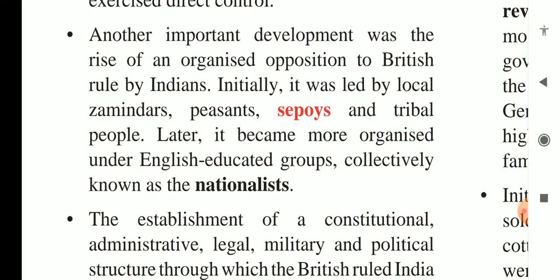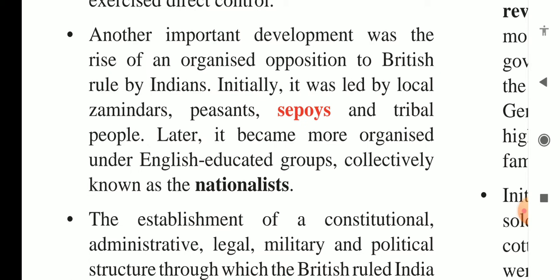The British could not be defeated by any rough planning. So there was a rise of an organized opposition also. Initially, at the starting, it was led by local zamindars.